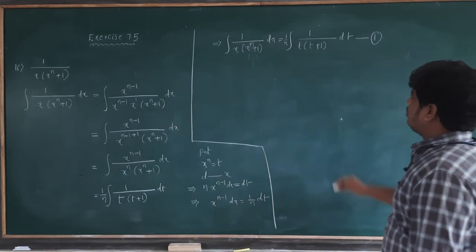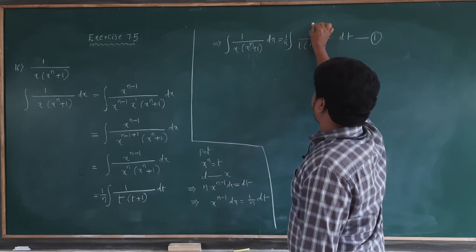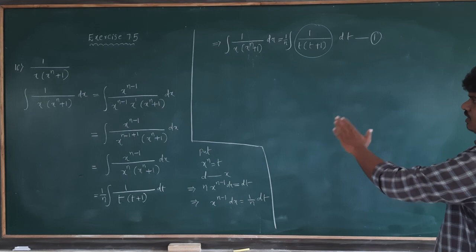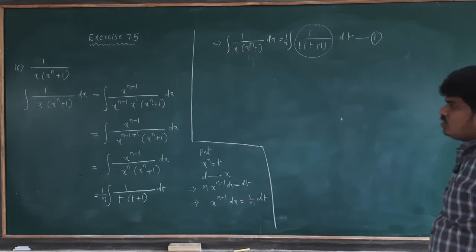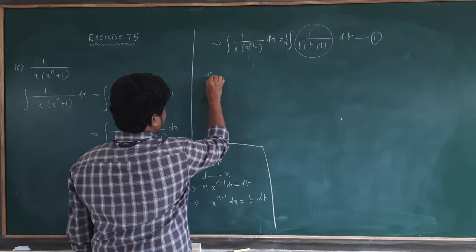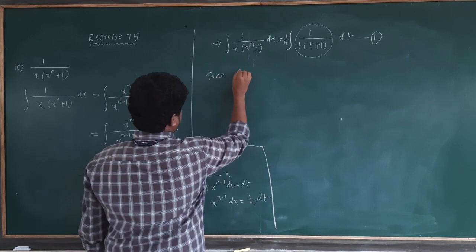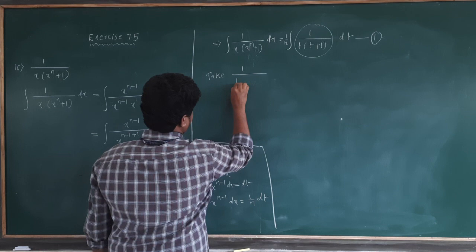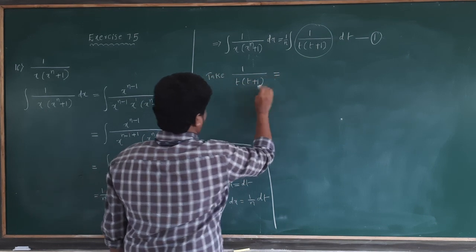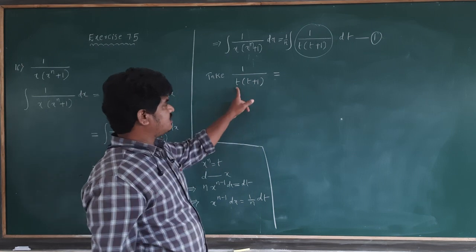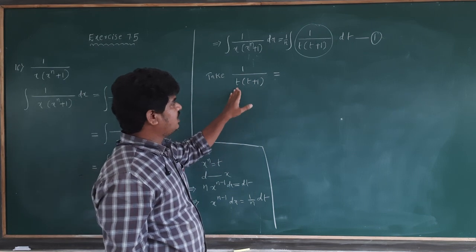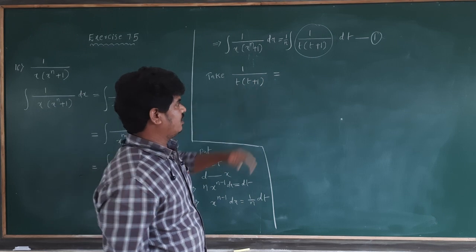In equation 1, take this 1 divided by t into t plus 1 outside and split it, find the values of A and B, using partial fractions. So take 1 divided by t into t plus 1; actually, just consider t as x. So x into x plus 1, linear.